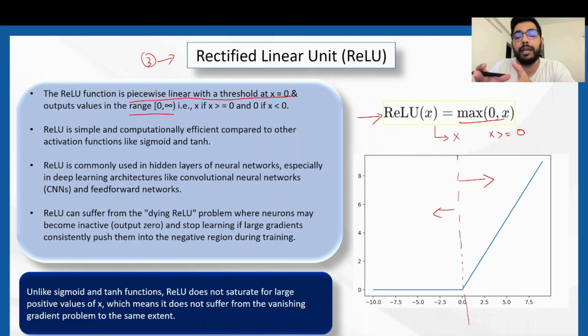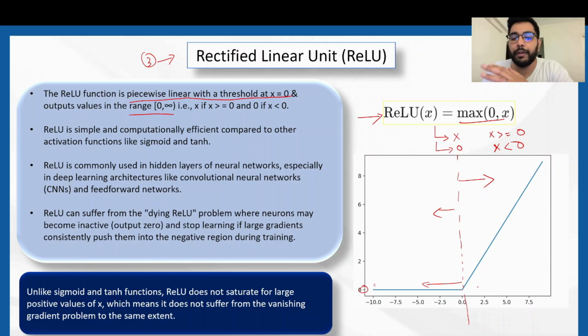It will be equivalent to the input if the input is greater than or equal to 0. If x is less than 0, the output will essentially be 0, which is evident from the graph. For any value of input less than 0, the output is fixed at 0.